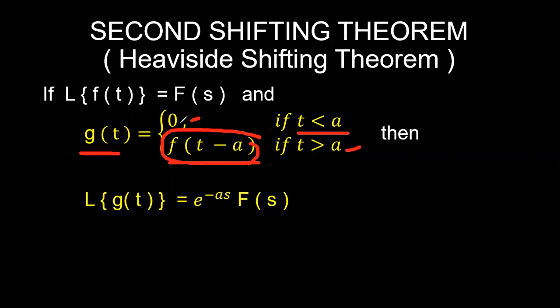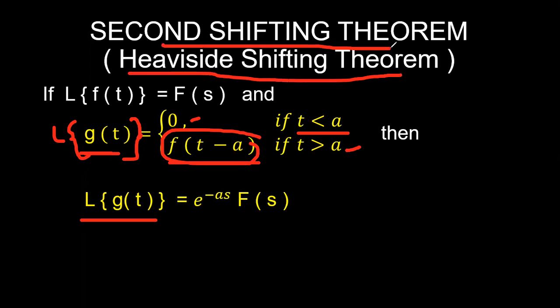g of t is equal to 0 for t less than a. For t greater than a, it can be represented in the f of t minus a form. Now when you apply the Laplace transform for this g of t, which is the second shifting theorem, with the function of the form g of t equal to 0 for t less than a and f of t minus a for t greater than a, what you will get is e power minus as into f of s.